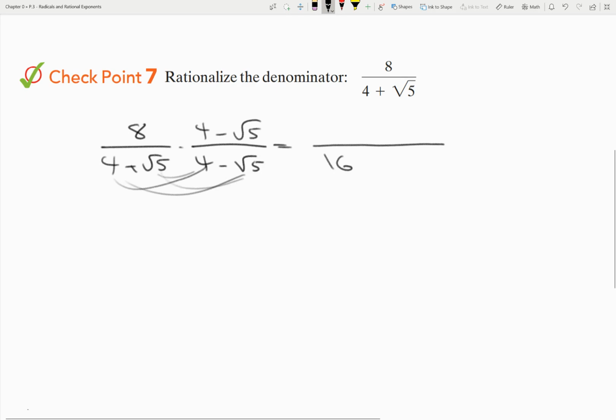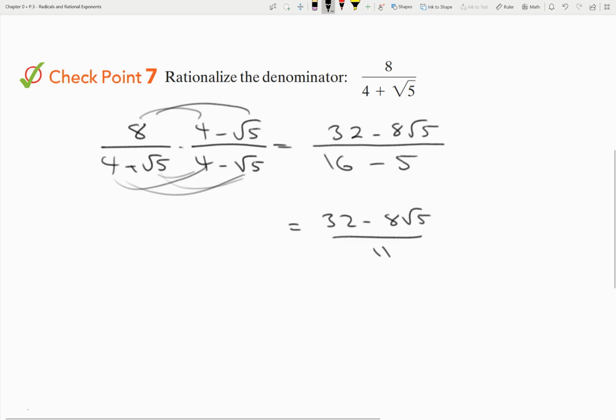Those two terms cancel out, minus radical 25, which is 5. Distribute the numerator. We have 8 times 4 is 32 minus 8 square root 5. So that is 32 minus 8 square root 5 over 11. And that happens to be simplified.